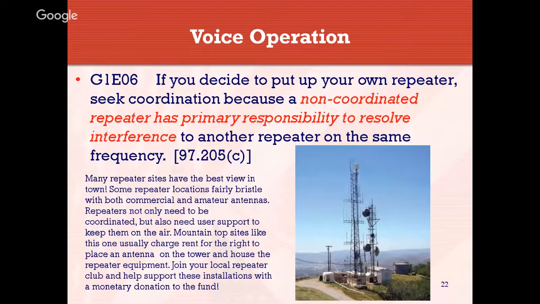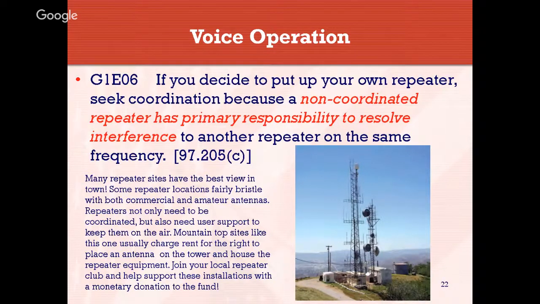Generally, the frequency coordinator will look at the footprint of a repeater, what might be affected. They have a list that says, okay, there is another repeater on the same frequency within a certain distance. And so you may have to run reduced power.